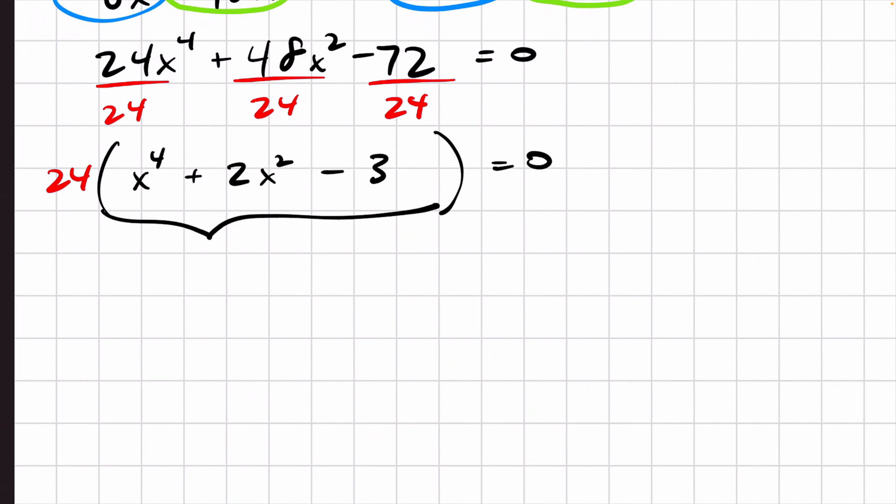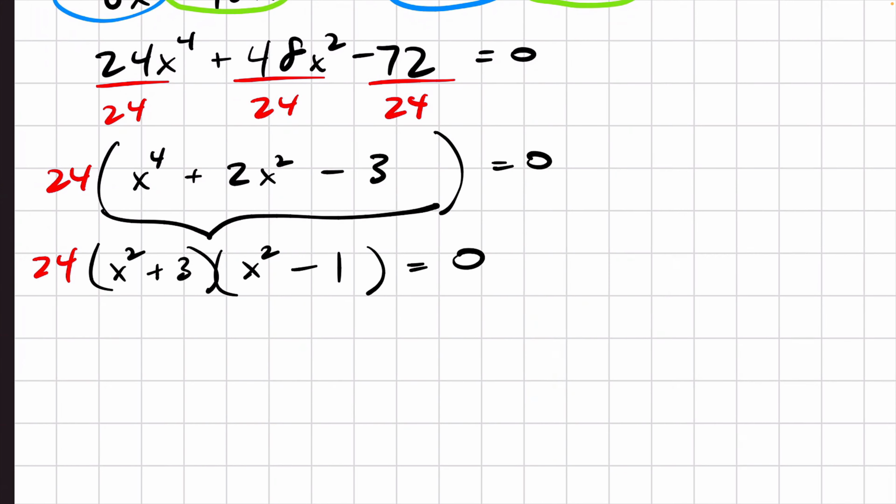So the two numbers that multiply to be negative 3 and add to be 2: positive 3 and minus 1. Since it was x to the fourth, it's going to be x squared and x squared.